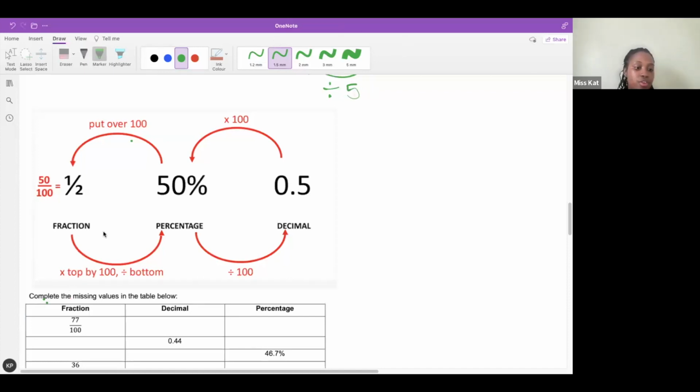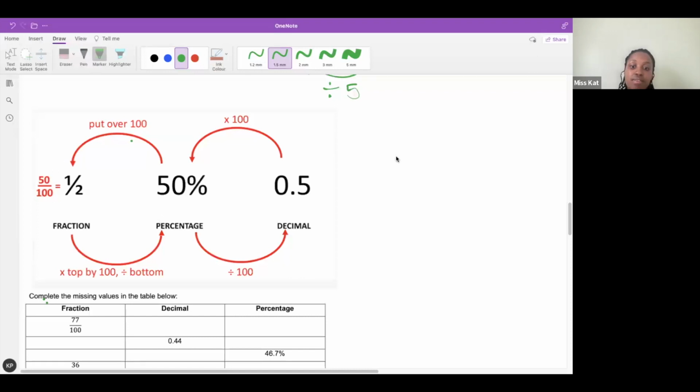If you look carefully here, if we start from a fraction, you must times the top by 100 and divide by the bottom to make a percentage. Are we listening?